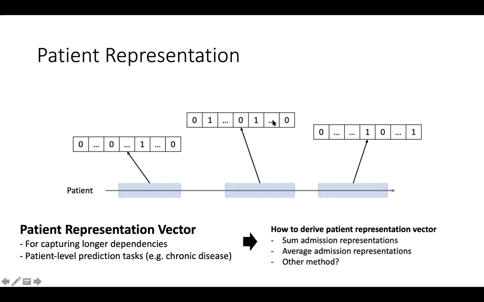For example, when we do the project, we would of course use an RNN. So we could actually use the RNN. We could plug the first vector into time step 1, the next vector into time step 2, and this vector into time step 3. Then the final hidden vector at time step 3 would be the patient representation vector.